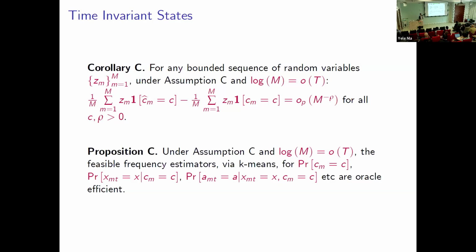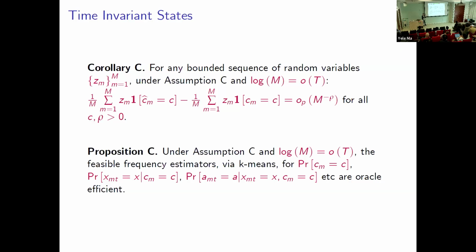So Corollary C says that if you take any bounded sequence S at M, you should think of this S at M as an indicator function of actions and state X. Then this object here could be an estimator for the probability of action A being taken when the state is X, and D M is being estimated, right? And for it to take value C. And this is the infeasible counterpart.